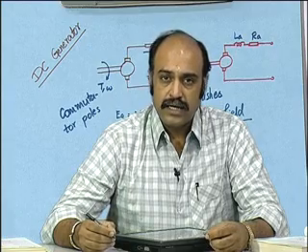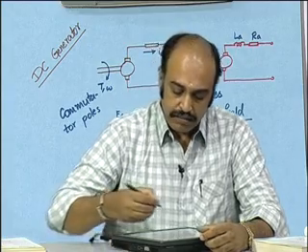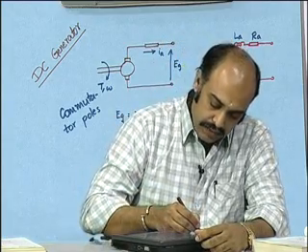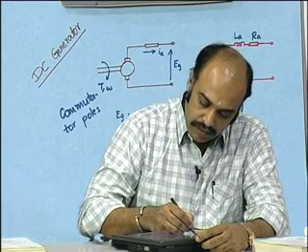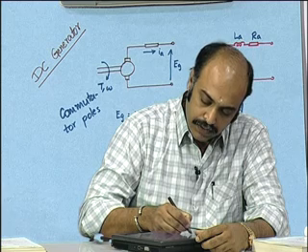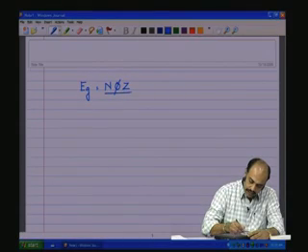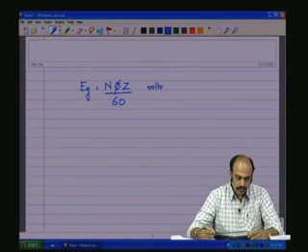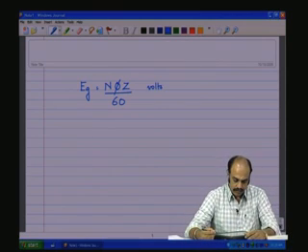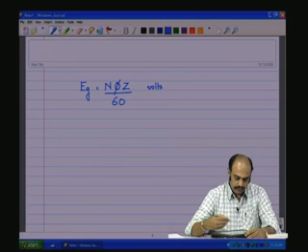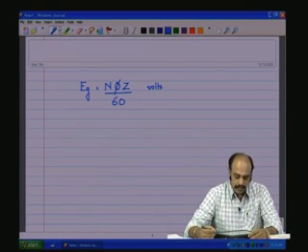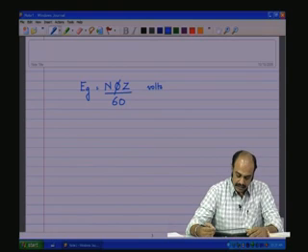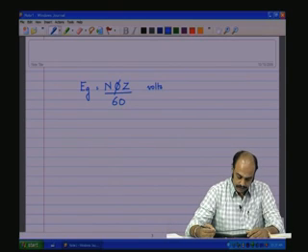We saw in the last class that the generated EMF across the brushes, E g, is given by N phi Z by 60 volts, and we also did a small example to consolidate this understanding of this particular equation.